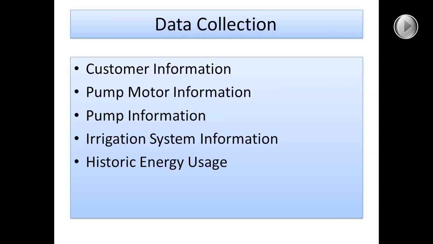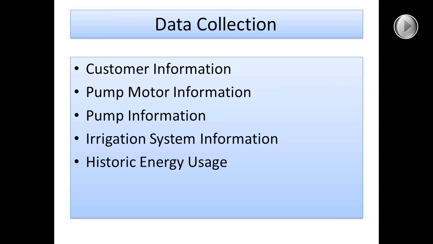We may or may not get that on our initial visits with the customer or producer. If we request it ahead of time, they may have it ready for us, or it's something that we can get later too. But that's really important when we look at pumps and pump energy use and energy savings opportunities.